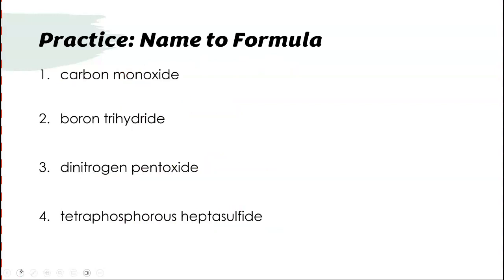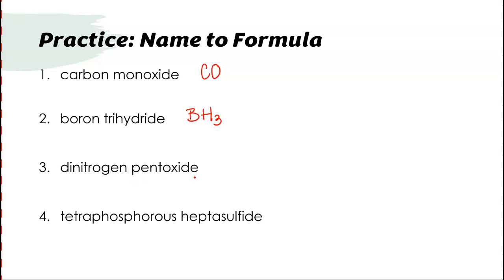Practicing name to formula. Carbon monoxide, so a single carbon and a single oxygen. Boron trihydride, so that means a single boron, and then there are 3 hydrogens.